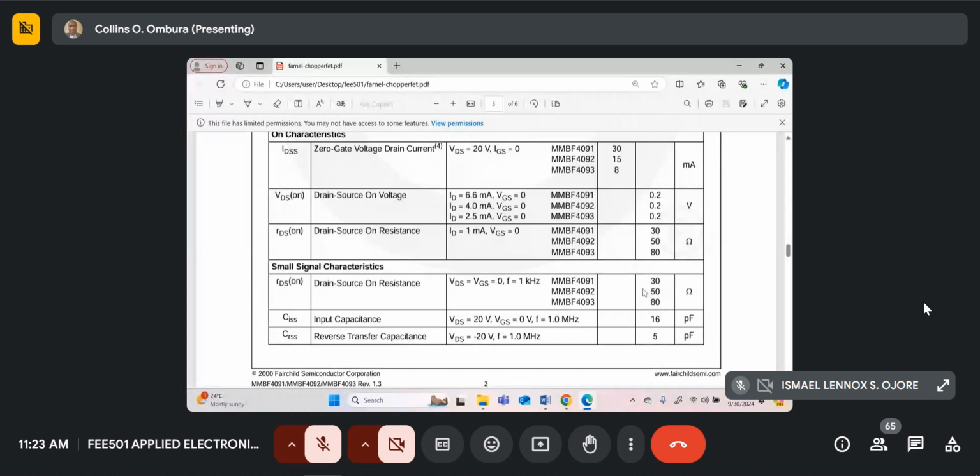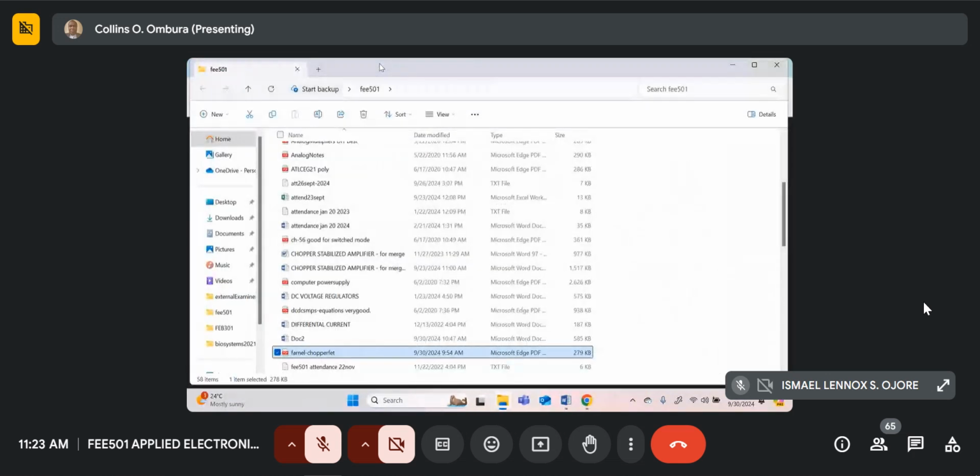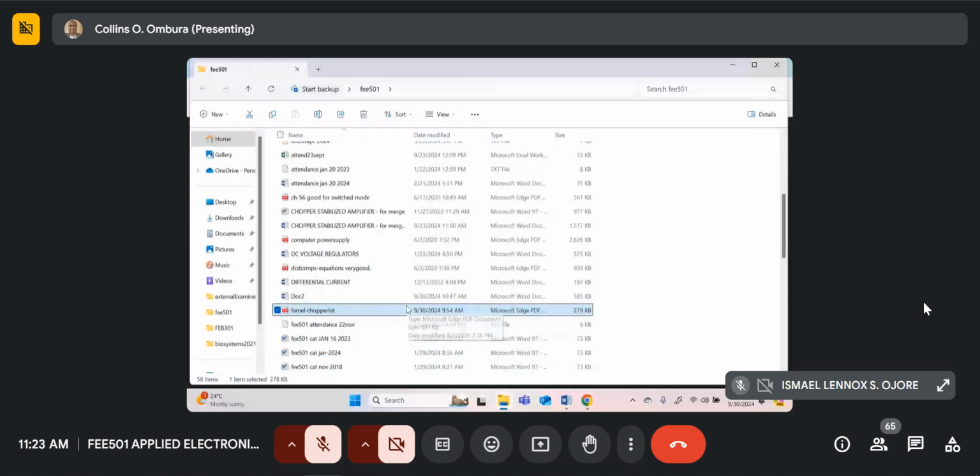You can see for this MMBF4091 it is 30 ohms. The next one, 4092, is 50 ohms. This is 80. This is a chopper FET. Let's look at one from Texas Instruments.